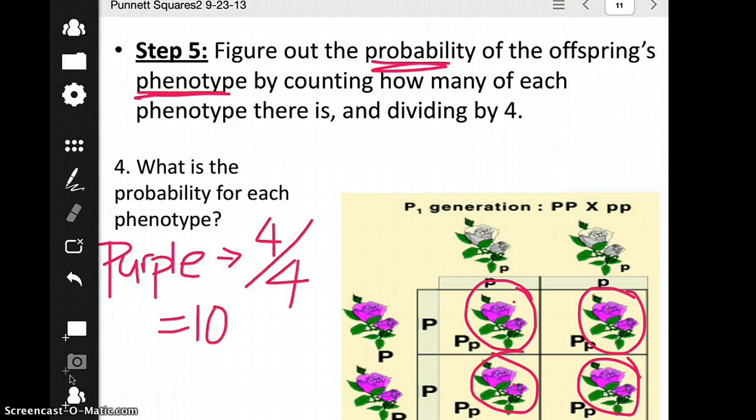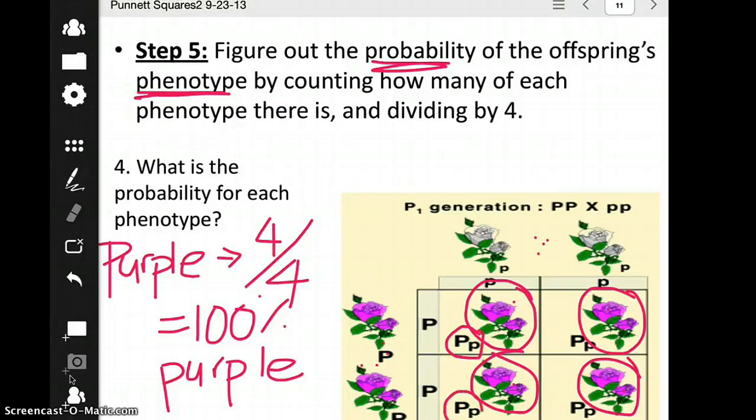Again, that's 100%. 100% of the offspring will be purple. So no matter what happens, if these two parents have babies, they're all going to be purple, right? And we know they're going to be purple because in the genotypes, there's the dominant allele. The big P is the dominant. And so it's in every single box. So we know that no matter what, it's going to be purple.